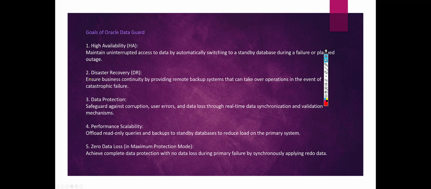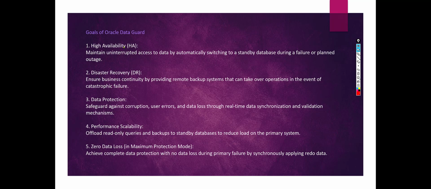We have high availability, disaster recovery, data protection, performance scalability, zero data loss in maximum protection mode. All these benefits are not provided by only one feature of Dataguard. We have a lot of features of Dataguard. Each and every feature offers different benefits.